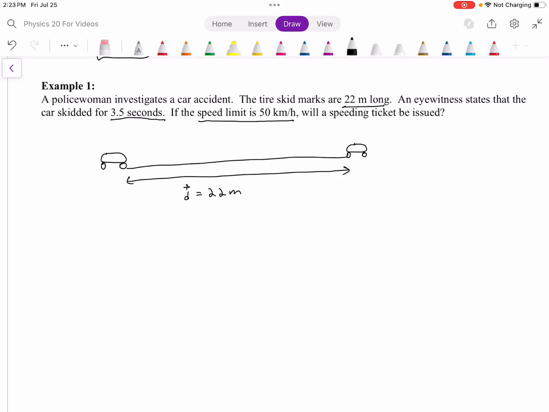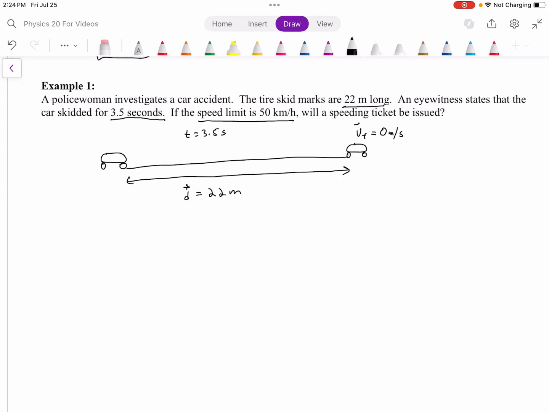Sometimes it's not going to explicitly tell you something, but how fast would the car be moving after skidding? The collision happened, they're skidding, and then they stop. They must have stopped. So our final velocity, we know, is 0 meters per second. Now, we also know from the eyewitness that it skidded for 3.5 seconds.